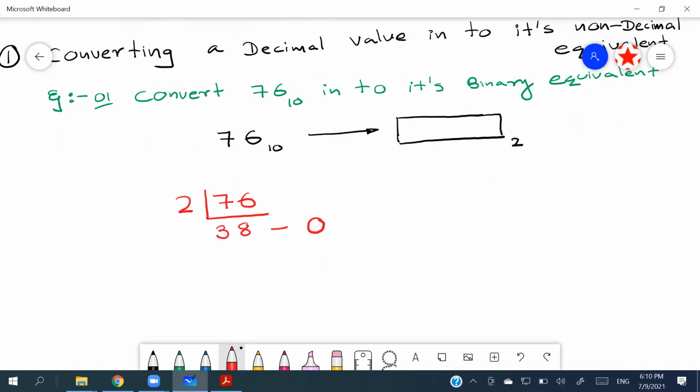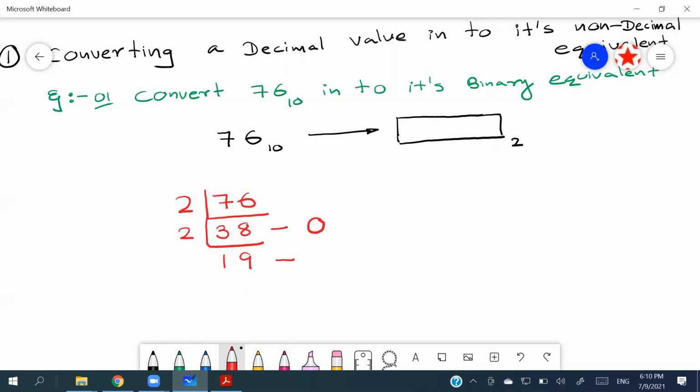So I have received 38 as the answer of the first division. It is not less than 2, so I'm going to divide it by 2. So 3, there is 1 2's and 1 is remaining, 18. For 18, there will be 9 2's.